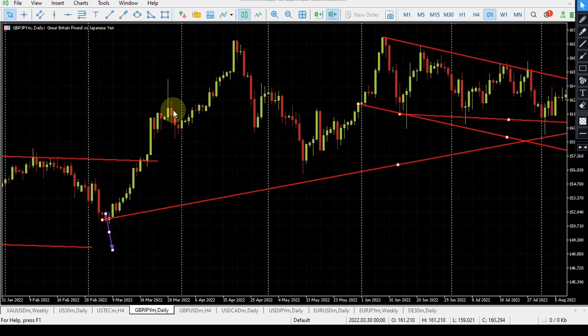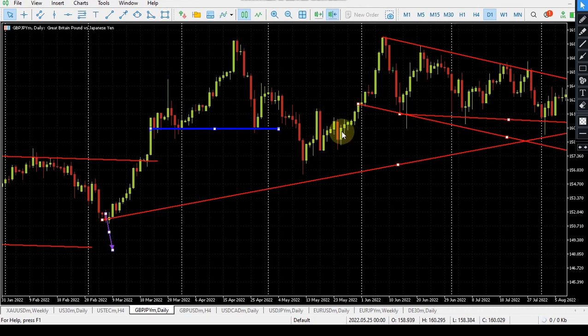Okay, so now what happened again? A higher low and a higher high here. All of a sudden it came back to walk this low. Then as it walked this low, it went back to a lower high, came back to a lower low, lower high. It couldn't break this low again.